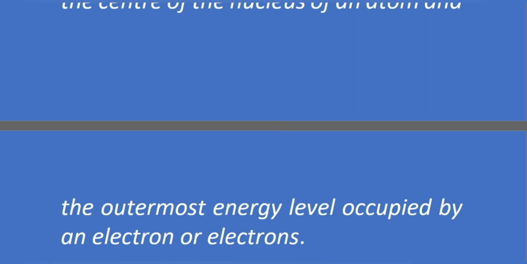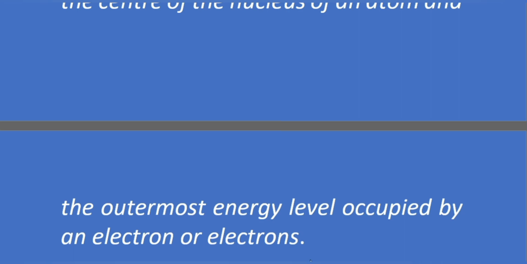Remember, you will find that in some atoms, it is either one electron in the outermost energy level or a given number of electrons. So it is the distance from the center to the outermost energy level covered by the electron or electrons.